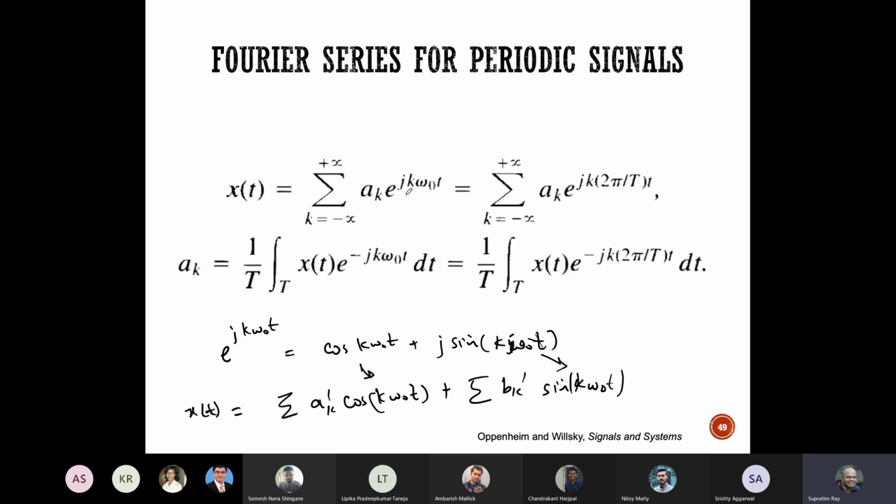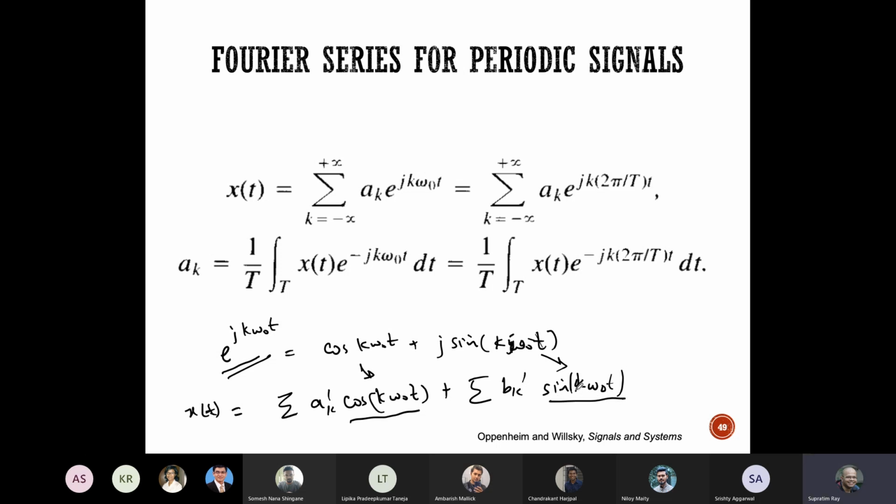Here I have put this as that, and then a_k is your a_k prime, and j times a_k on the other side would become this. So you can either represent it as a sum of complex exponentials, or as a sum of both a sine and a cosine at that frequency.